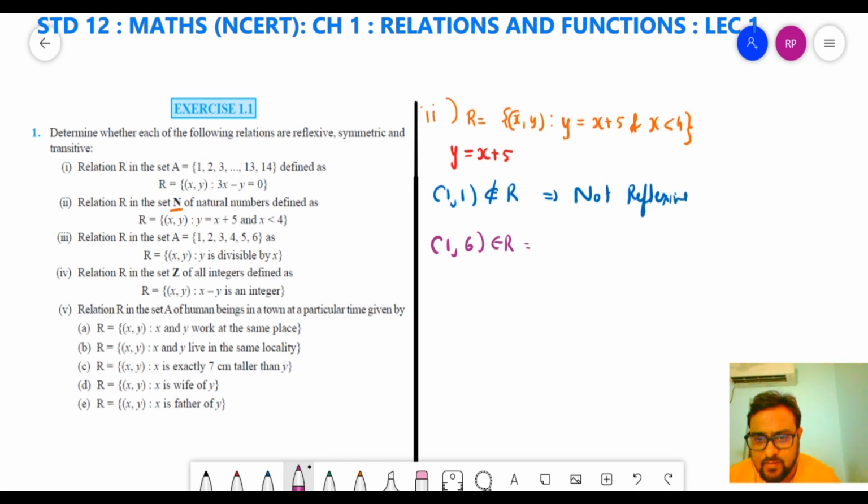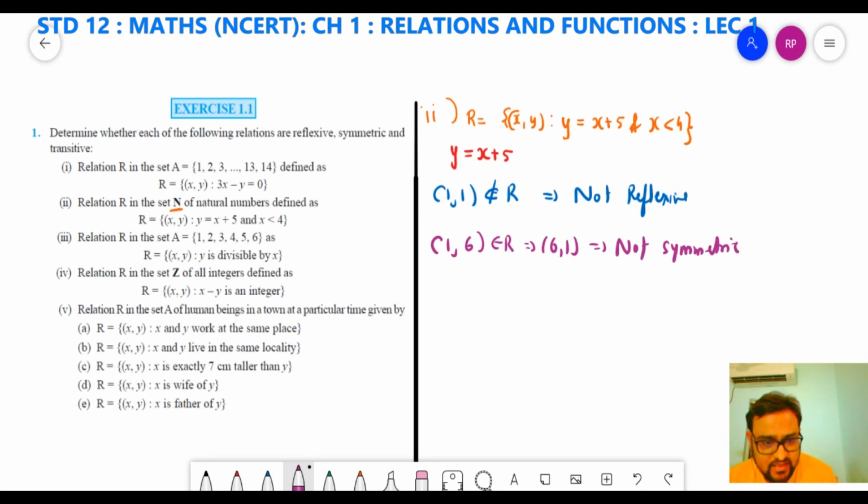But what about (6, 1)? Can I write down, sorry, y is 1, that means 1 equal to 6 plus 5? No, I cannot write it down. Clear? Therefore, it is not symmetric.